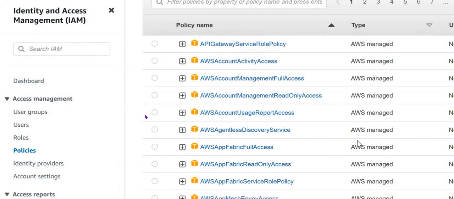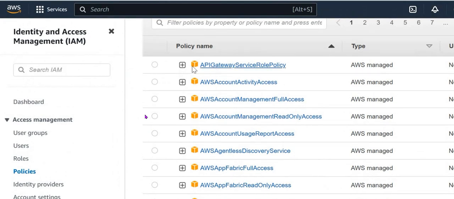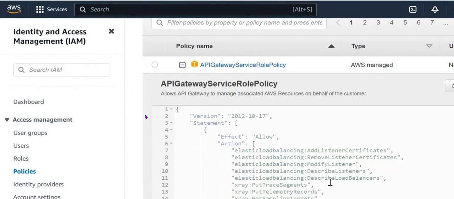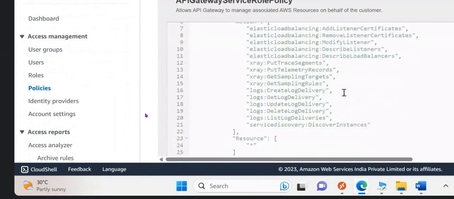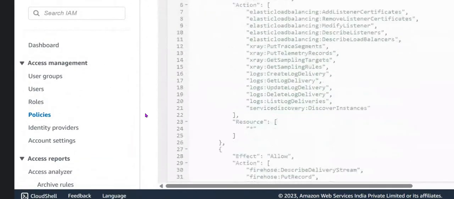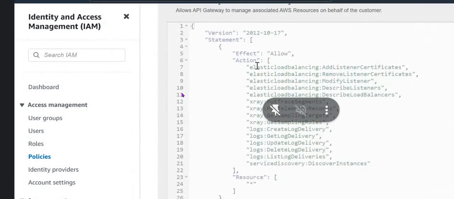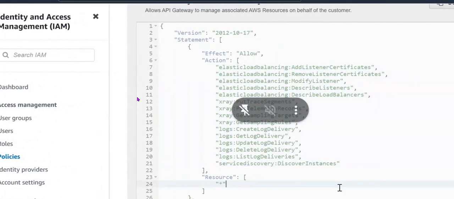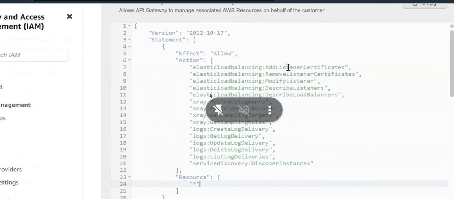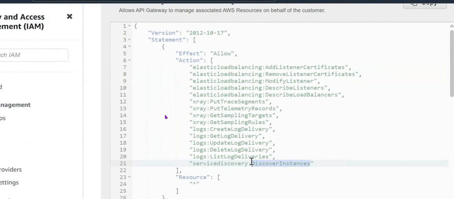So explain one policy. So this is just the definition. Here they are allowing these many actions. These individual actions are in fact the permissions. You have a permission to modify, a permission to get, a permission to create.